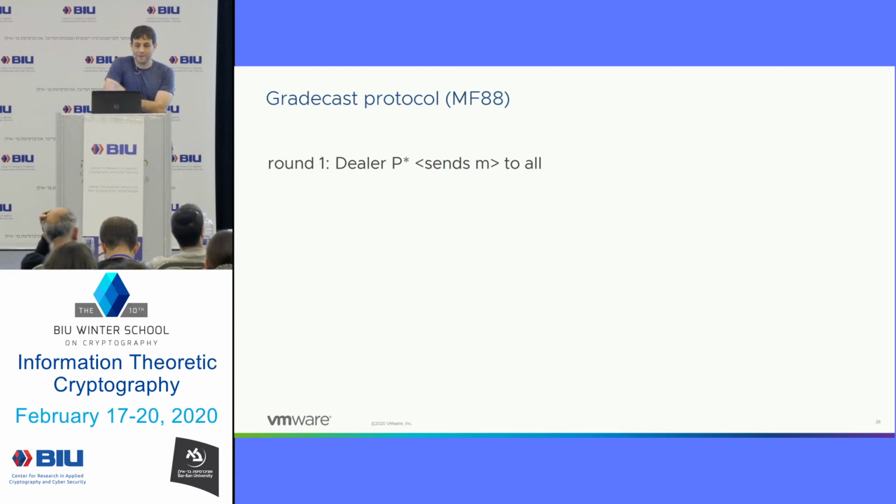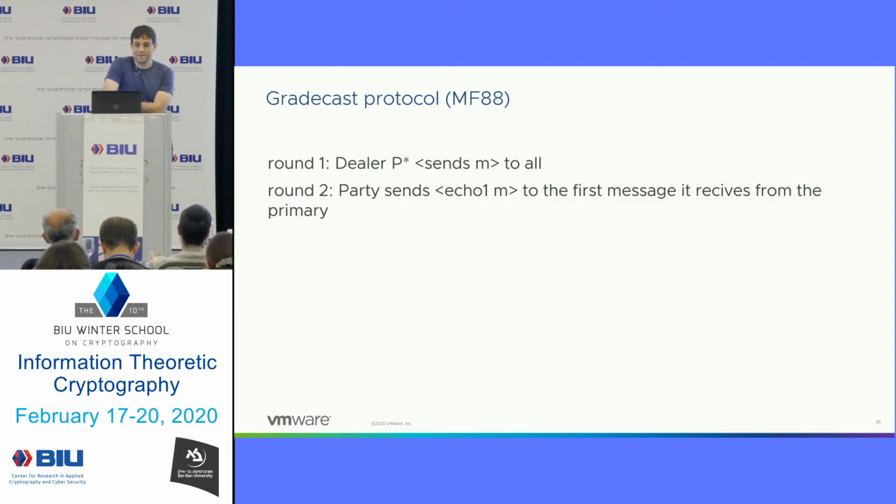The primary, the leader, has to send the message to everybody. So what can we do in the second round? Any choices in the second round? Yeah, so the only thing you can do is echo this message, right? That's it. Okay, so something non-trivial has to happen. So maybe it's in the third round. So what do we do in the third round?